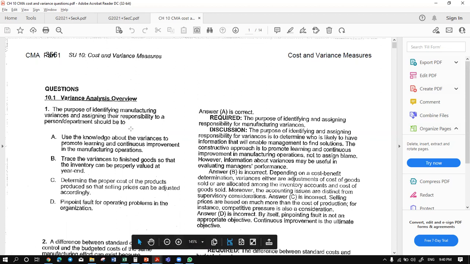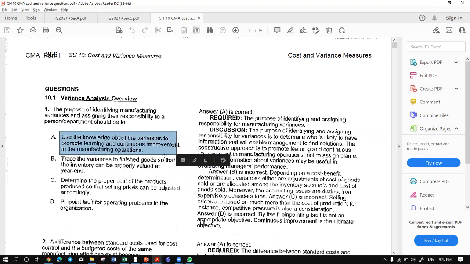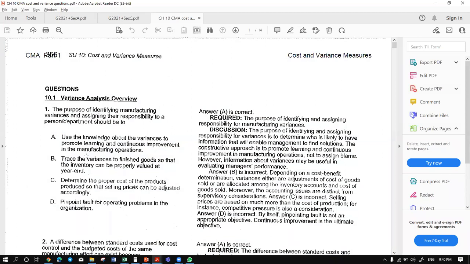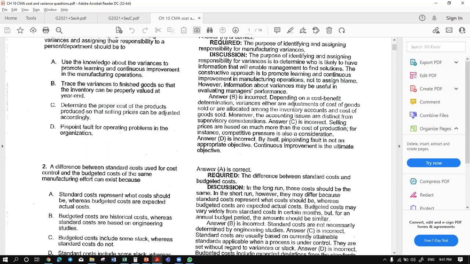So the answer, if you see all of them, is A, right? Because once we find out the variances, we will understand the learning, and for example, if an unfavorable variance is coming, we will try to bring an improvement. So this is the main thing that we have.